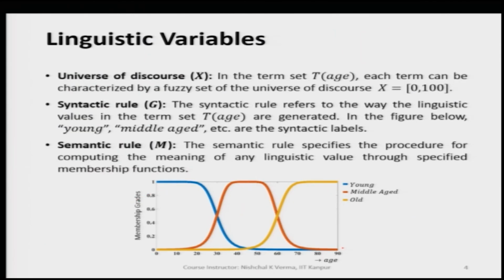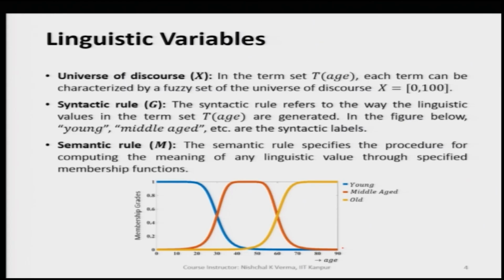Now, what is the universe of discourse? The universe of discourse can be all the possible limits of age, where all possible values of the linguistic variable age could be settled.